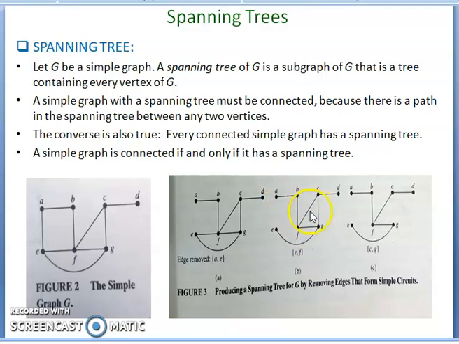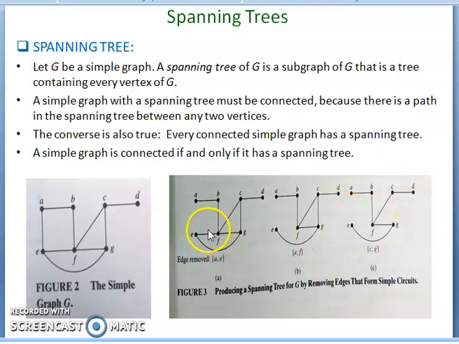Again, you remove any one edge between these. If you remove this edge, then there is no circuit, and there is a path from any vertex to any vertex, and it is connected. There is no circuit. Hence, this is the spanning tree.